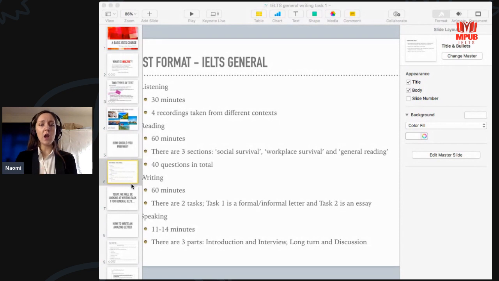So, useful writing phrases and words for describing the situation are: unfortunately, however, due to this situation. So, unfortunately, this is for when we have a bad situation, a problem.